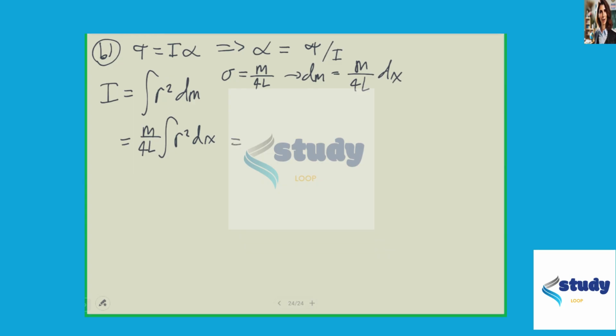So for the sides, there's two sides. And there we're just integrating y squared from 0 to L.